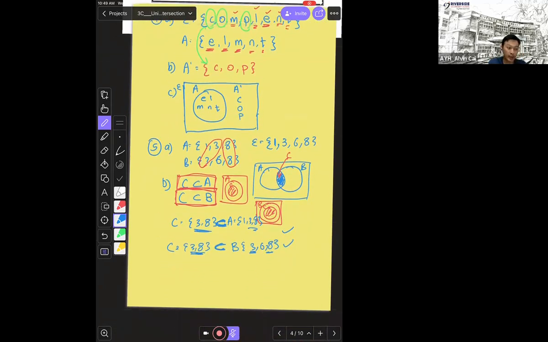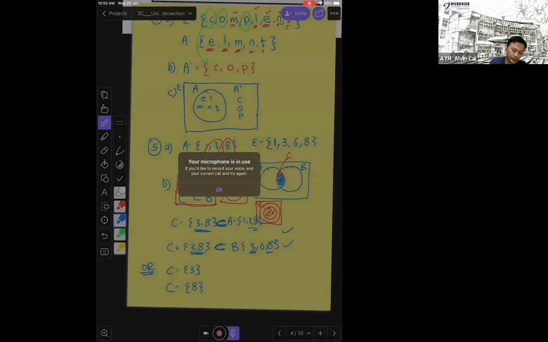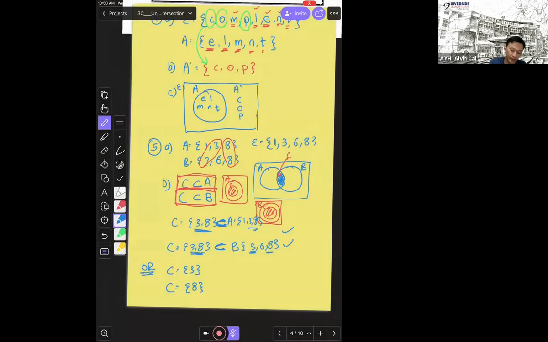But take note, C can have other values as well. C can also be just a 3, so we have different possible answers. C can also just be an 8. Because if C is a 3, we can do a comparison: C is also a proper subset of 1, 3, and 8.